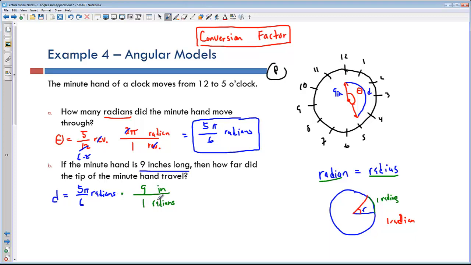So 1 radian is 1 radius, and the radius is 9 inches on that circle. So this is going to be equal to, and of course you get some cancellation, that's 2 times 3, that's 3 times 3, and so this is going to cancel with that. And so I get 5 times 3, which is 15. And you have pi, and you're going to divide out by the 2. And so you have 15 pi over 2. And notice the radians canceled, so what you're left with is inches.